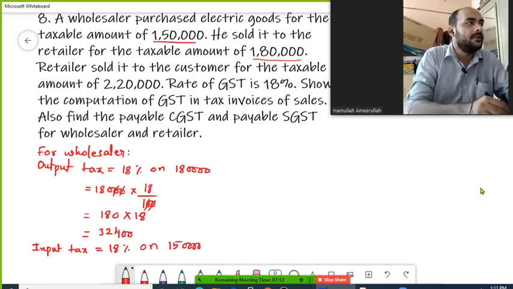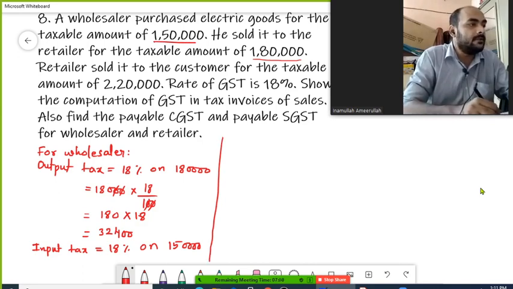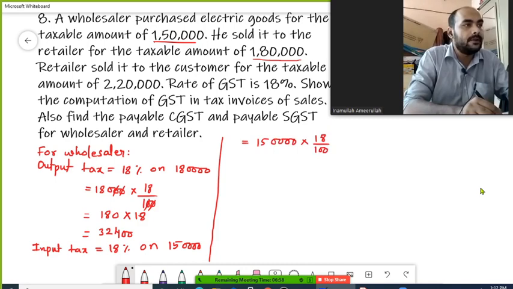Here it is given. So this can be calculated as 1,50,000 into 18 upon 100, like this.